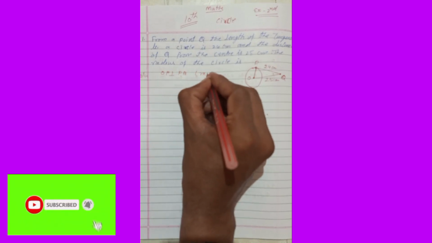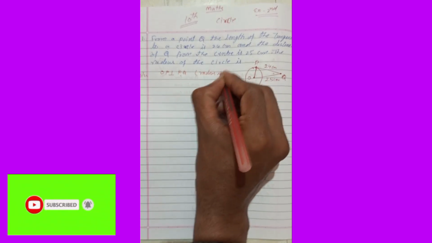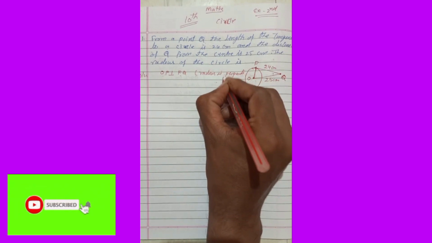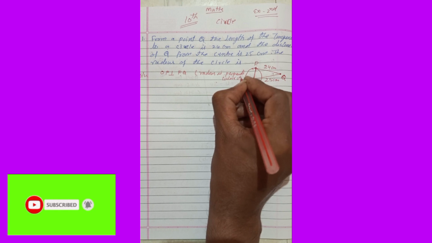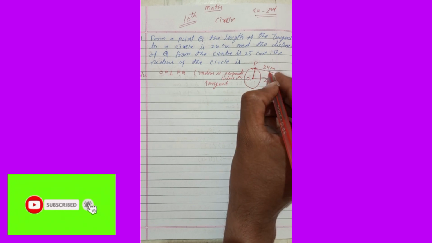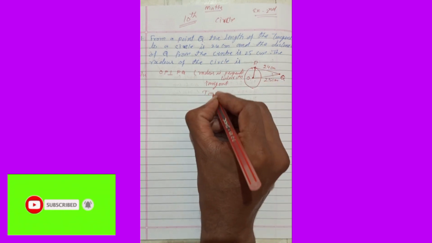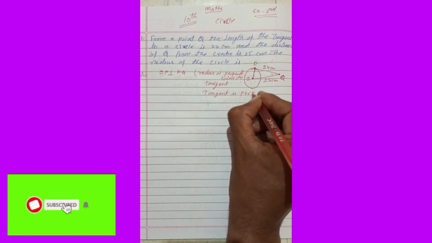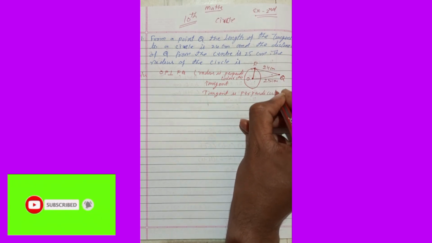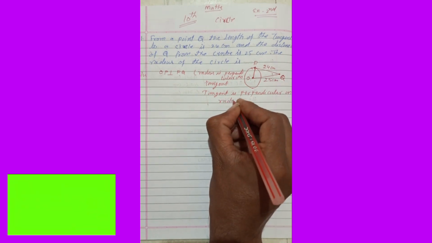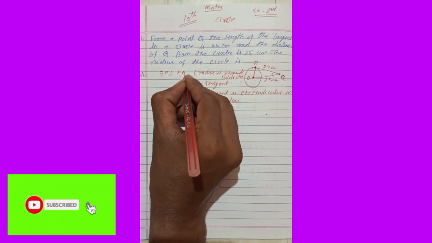Because the radius is perpendicular to the tangent, and PQ is a tangent. Otherwise we can write the tangent is perpendicular to the radius, so we can write OP is perpendicular to PQ.